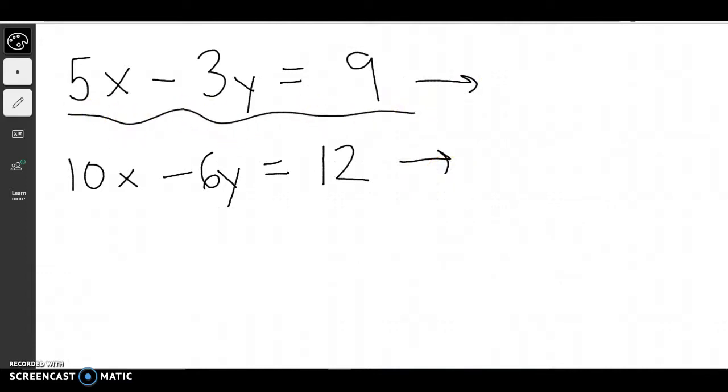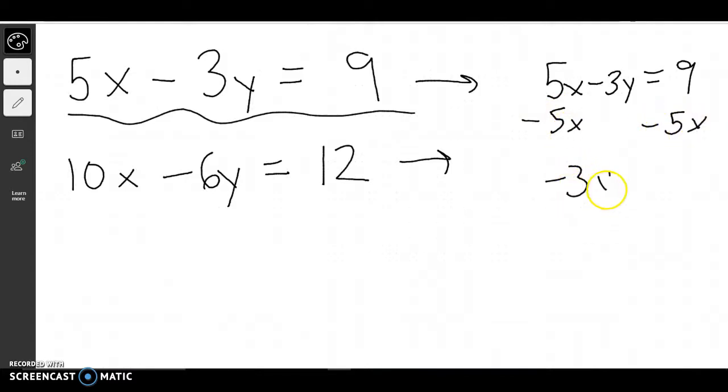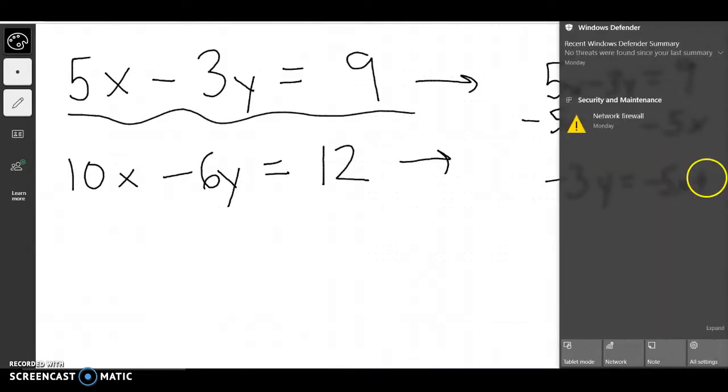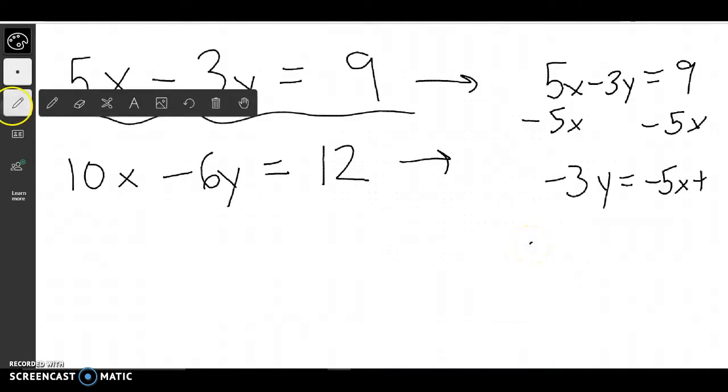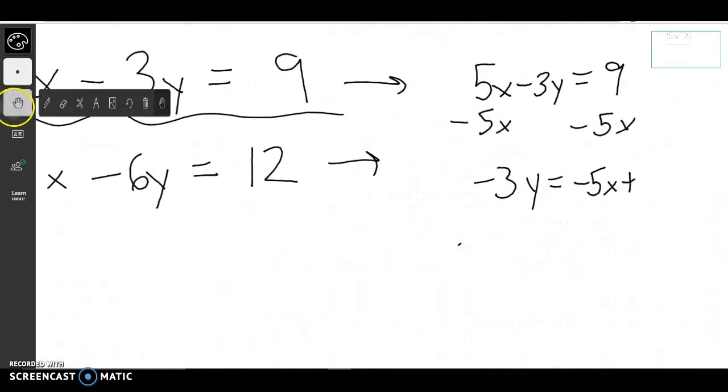To get this away from standard form, we need to make sure the x goes to the other side. So I'm going to subtract the 5x. Oops. Let's move over just a bit.